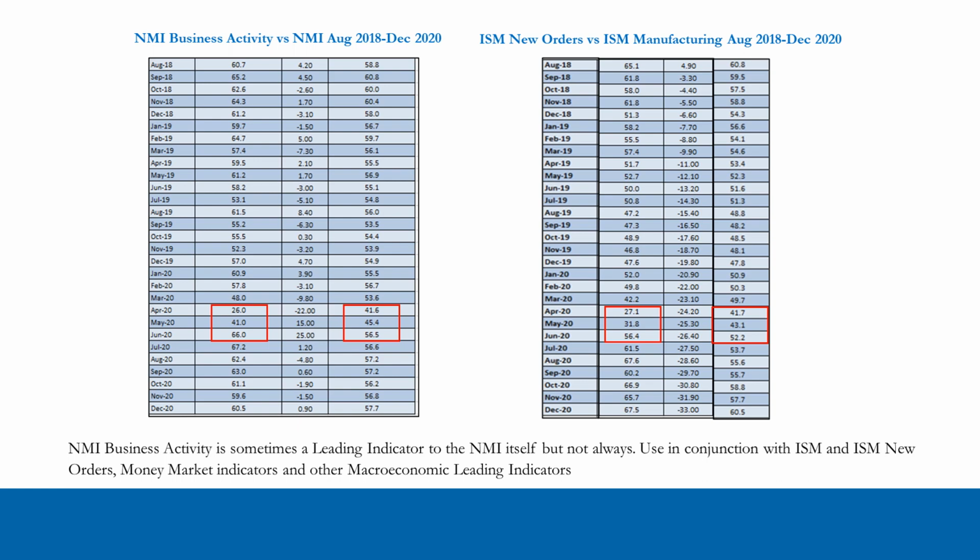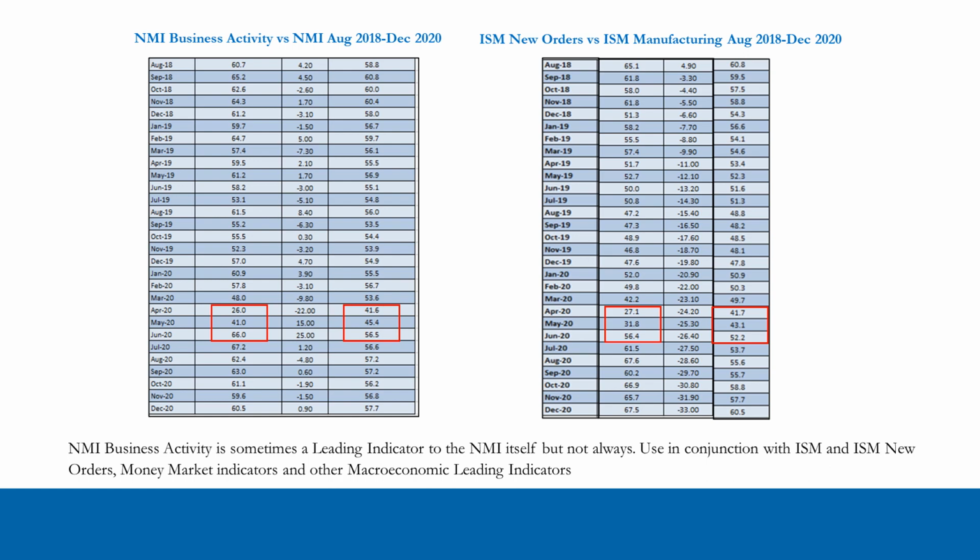So what we're looking at here, for example, if we start on the left-hand side, we're looking at NMI business activity versus the NMI composite for the period August 2018 to December 2020. And if you recall, when we were looking at ISM manufacturing data, August 18 was the peak period.